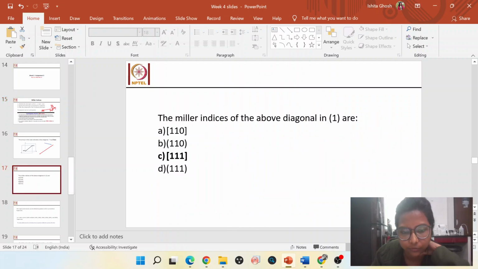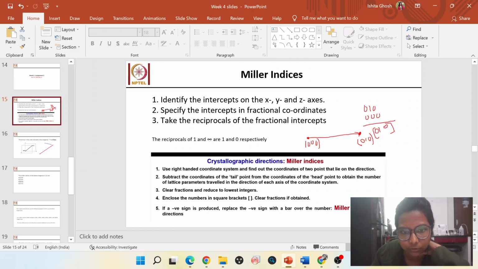So for crystallographic directions, we have to enclose the numbers in square brackets. Square brackets mean directions. Round brackets mean planes.